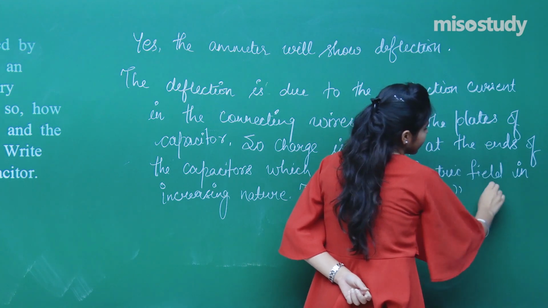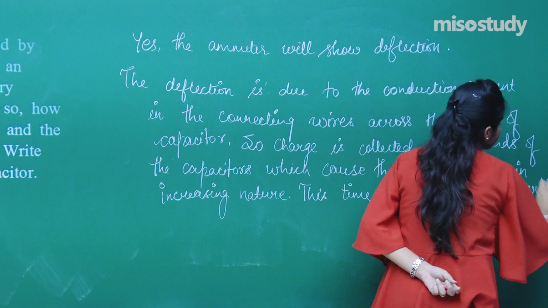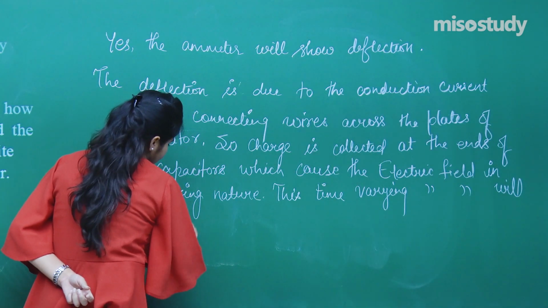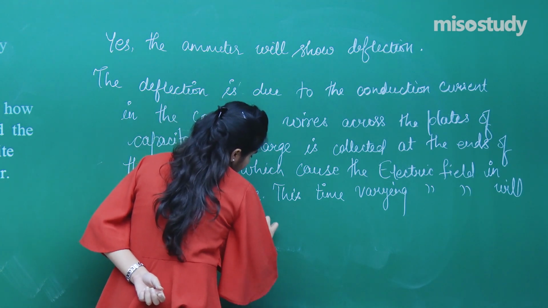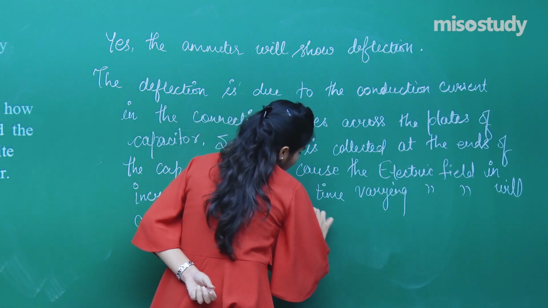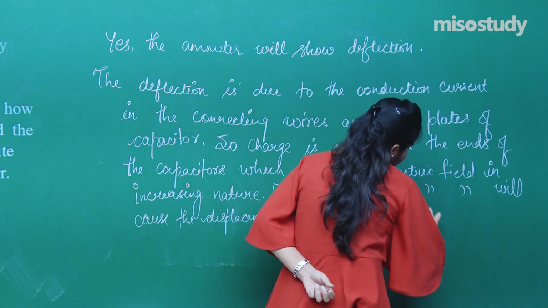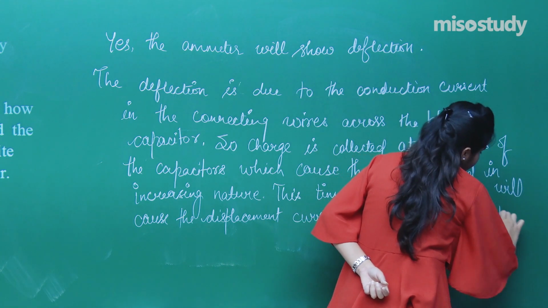I am writing the electric field as such. This time varying electric field will cause the displacement current to flow in the gap of parallel plates of capacitor.